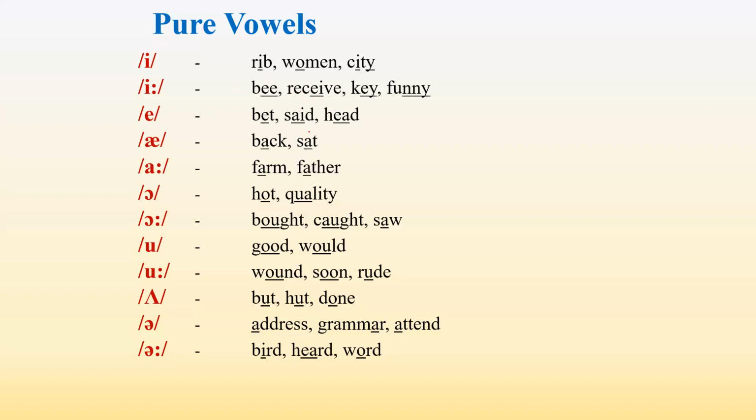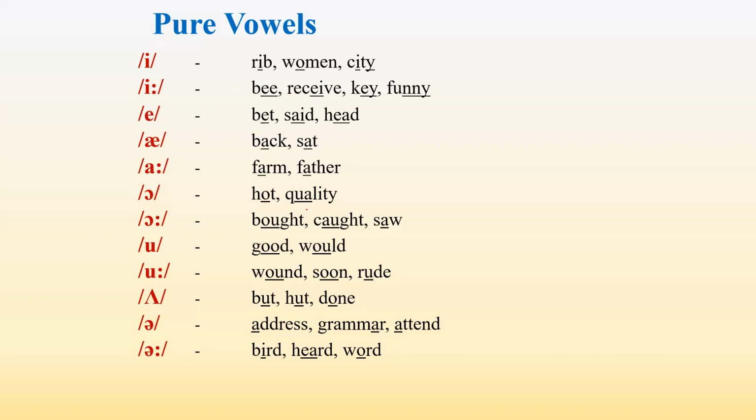And short E: bed, said, head. And A, like in back, sat, cat, R is also clear. And O, words like quality, right? When we look at the spellings, of course, we never think that sound is there. Only in the pronunciation we identify the sound, right?